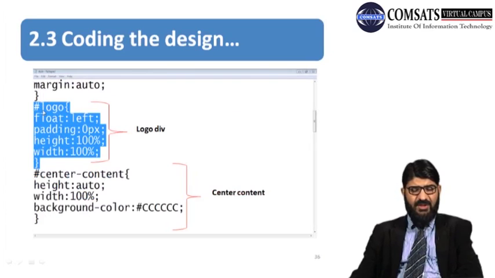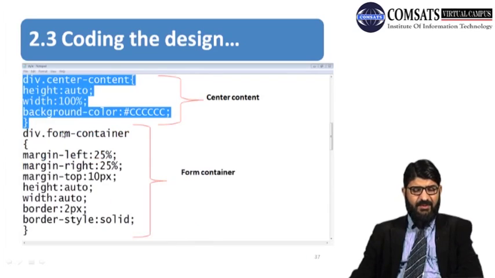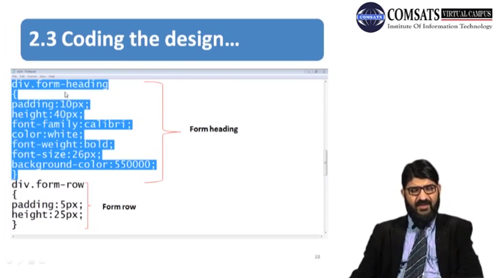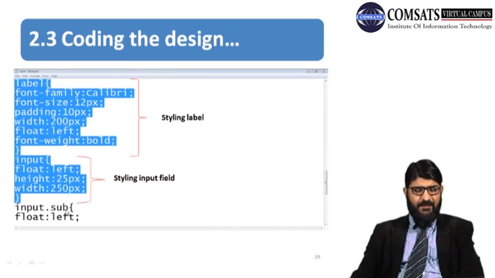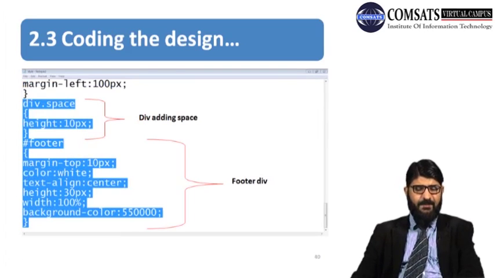Then we have mentioned the code for the logo div, and after the logo div we have moved towards the center content, and after the center content the div for form container is mentioned, and after the form container we have mentioned the div of form heading, and then the form row is created, and then styling for the label is mentioned, and then styling for the input field of form is mentioned, and then a div space is created using 10 pixel height, and finally the footer div is created.